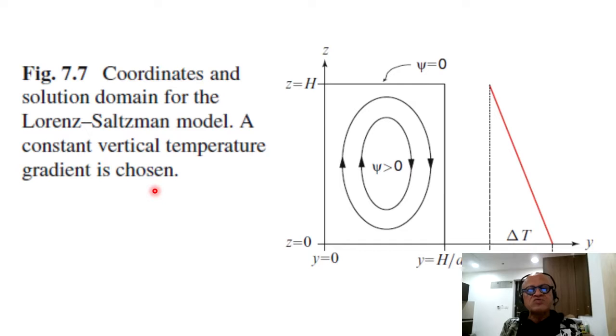The model assumes, so this is the solution we're talking about, the clockwise cell going from the surface to some atmospheric scale height of h, and the boundary conditions are set to be psi equal to 0, which we did before, where the derivative boundary conditions allow us to basically set the stream function to 0 on the boundary.